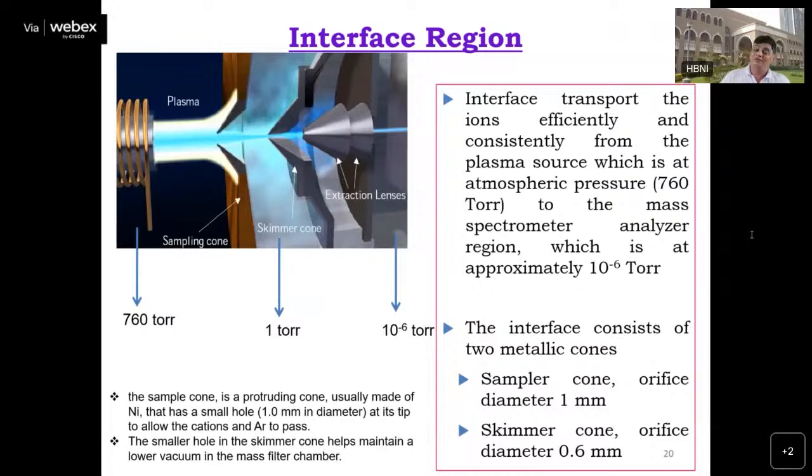But definitely, I do not know which instrument you are talking about. See, there are many different kinds of ICPOS available, whether it's which make you are talking about, whether it's Analytik or Horiba or which one.